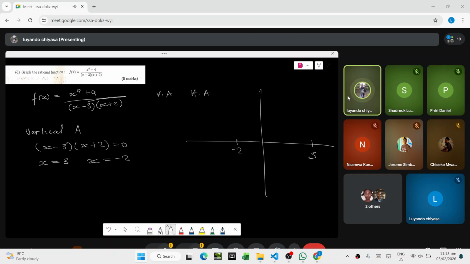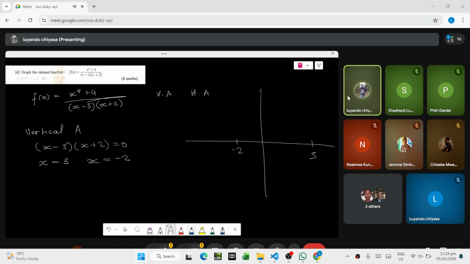The next thing that we would want to do is find the horizontal asymptote. For the horizontal asymptote, there are conditions that we follow.